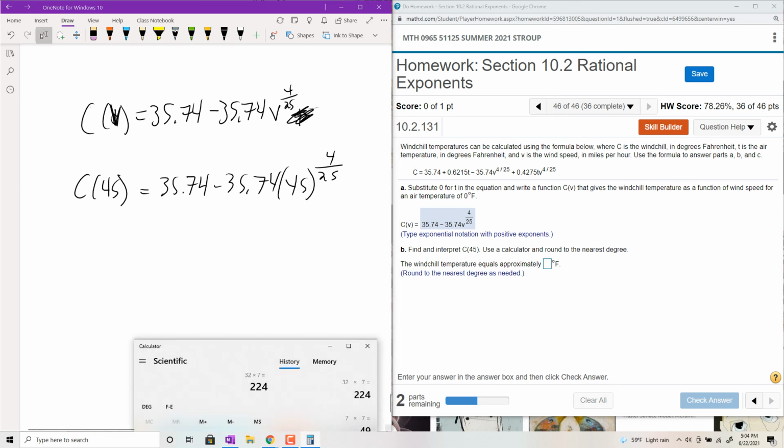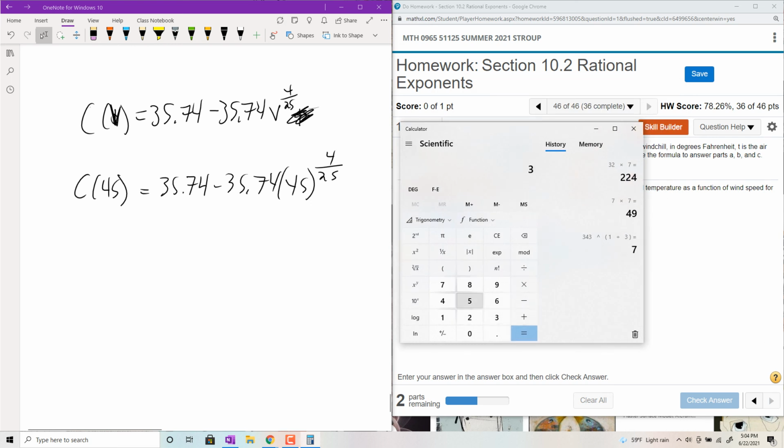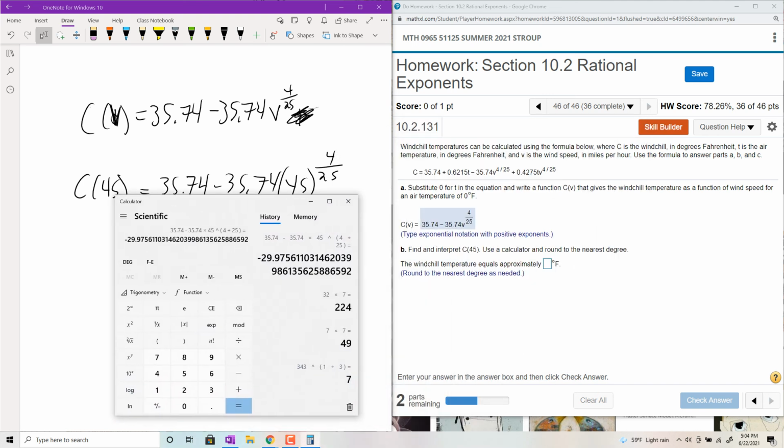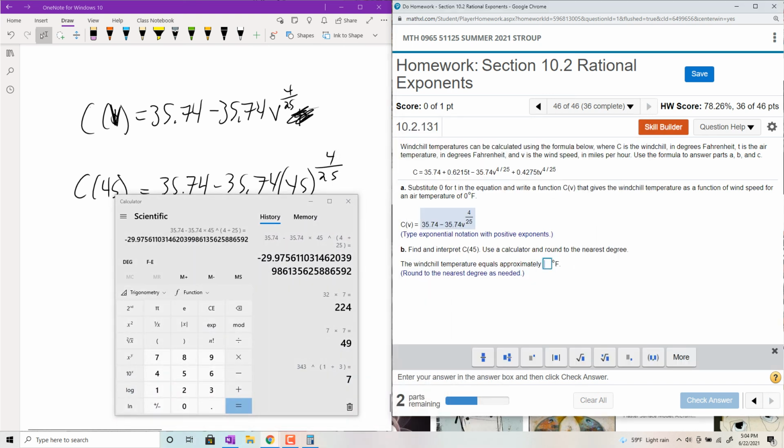Ugh, I already screwed it up. 35.74 minus 35.74 times 45 to the power of 4 over 25 equals something crazy. Round to the nearest degree, so negative 30.